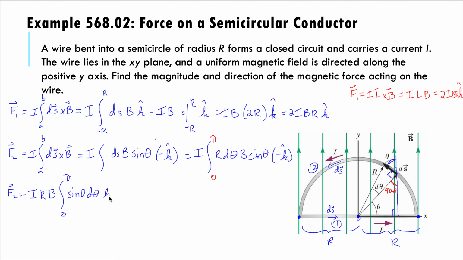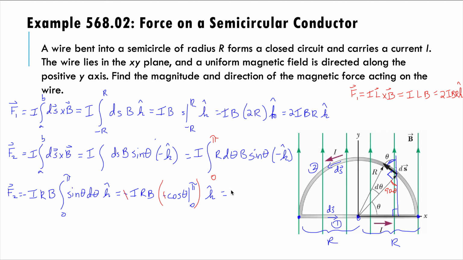Everything is going to be in the k direction. All right, negative IRB, and then the integral of sine is negative cosine. Now we have two negatives here. We're going to go ahead and cancel these out because this is multiplied here.